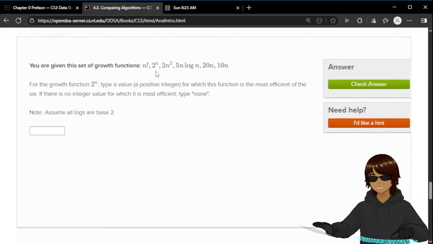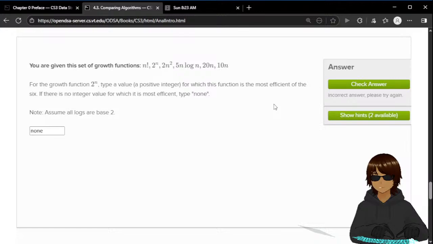No, this is not the most efficient. So none is the answer, right? Is it 1? Check answer.